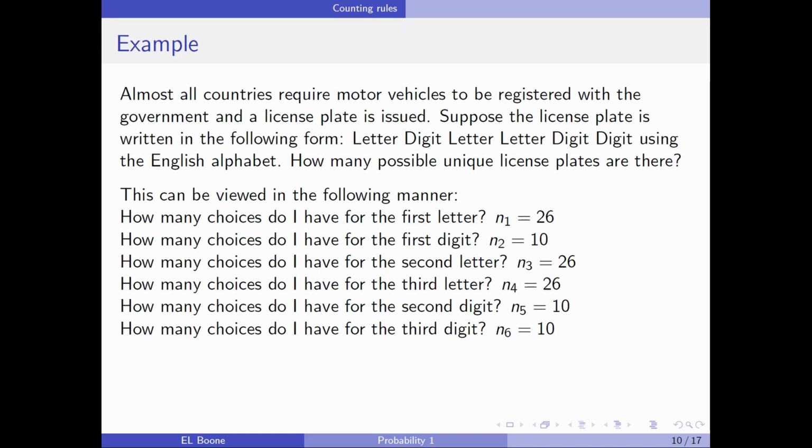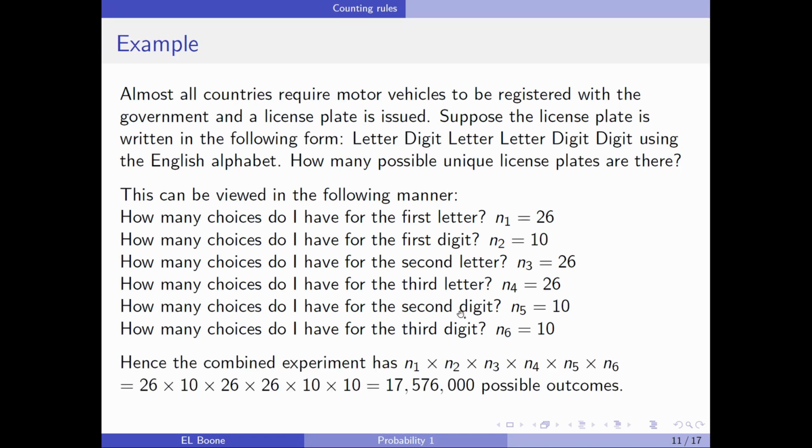So if I have all of these experiments, all I do is multiply the numbers together. So I have N1 times N2 times N3 times N4 times N5 times N6, which is 26 times 10 times 26 times 26 times 10 times 10, which is 17,576,000 possible outcomes. Now, who wants to list all those out? Nobody, but we can count them pretty easily without listing them all out.